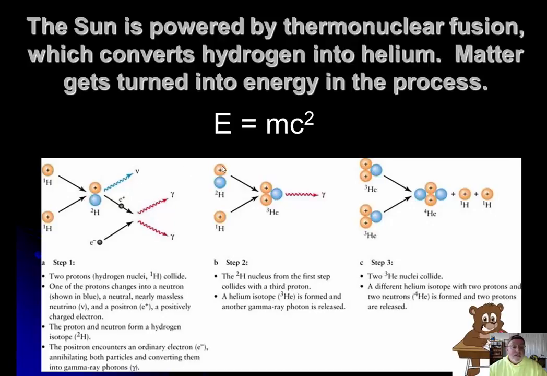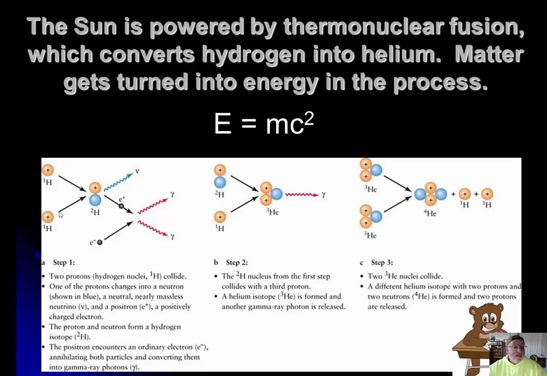Then this fuses with another hydrogen, making what's called helium-3, which produces another gamma ray photon. And then 2 of these helium-3s come together to make helium-4, with a byproduct of 2 hydrogens to move back into this process for step 1.